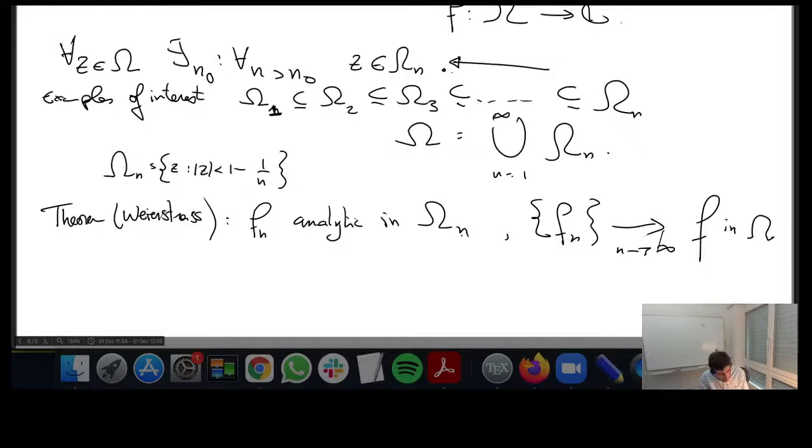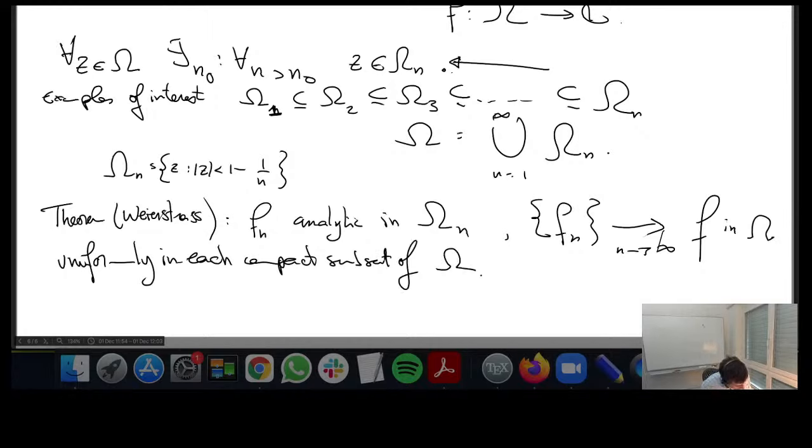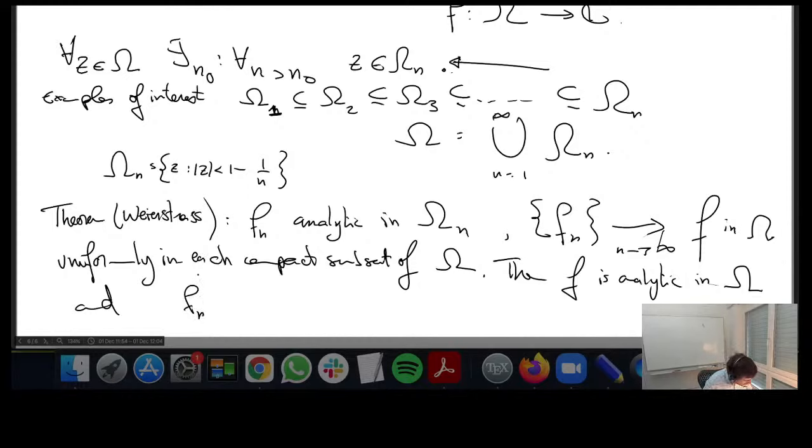So omega_n needs to contain z after a certain n, uniformly in each compact subset of omega, then f is analytic in omega, and the derivatives, f_n prime, converge to f prime uniformly in each compact set.